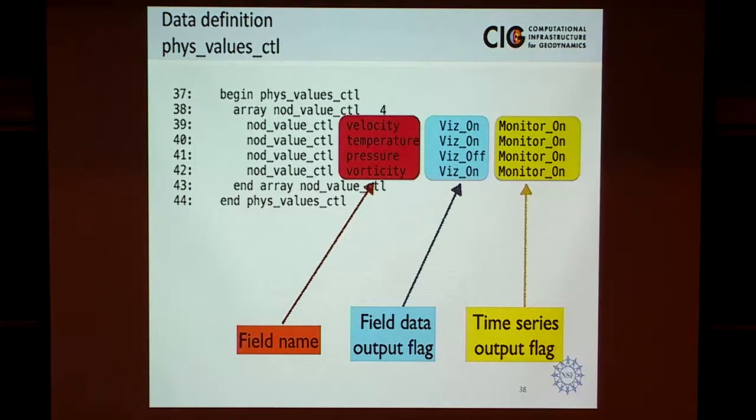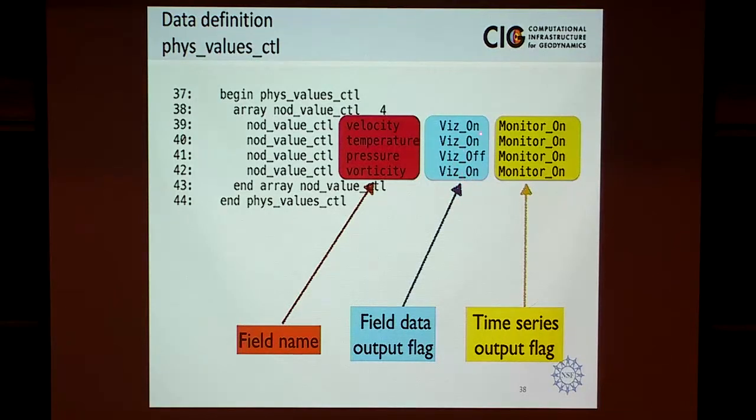So in a model, we need to define what field we will treat. Today we will set the velocity, temperature, pressure for the thermally driven convection, and I always set the vorticity for the visualization. And the next column is a flag to output the visualization data.